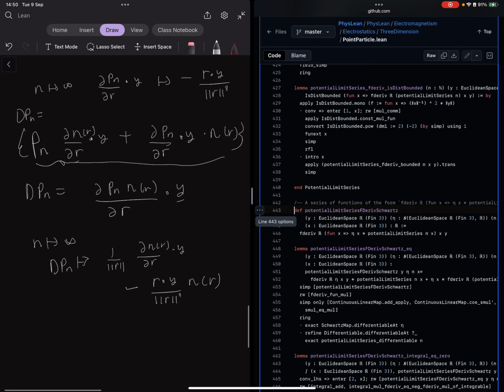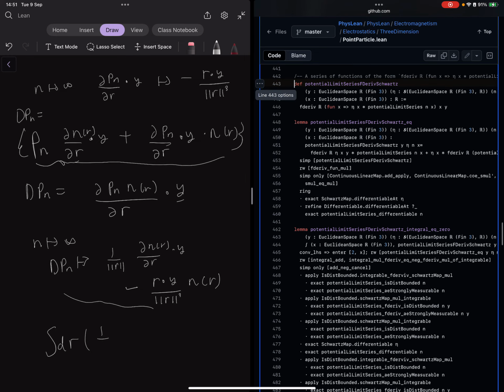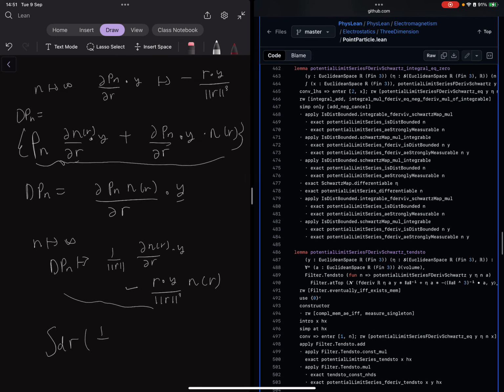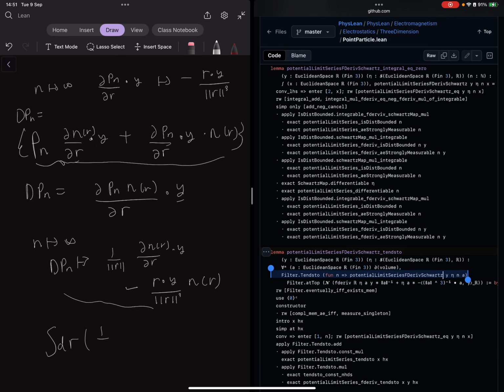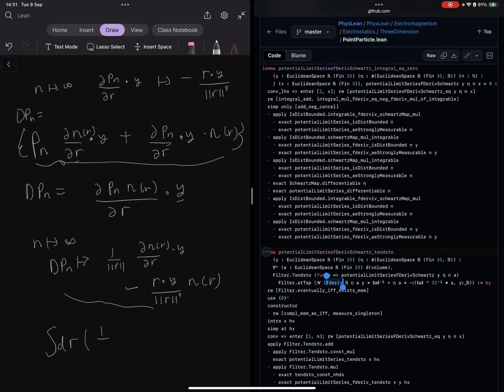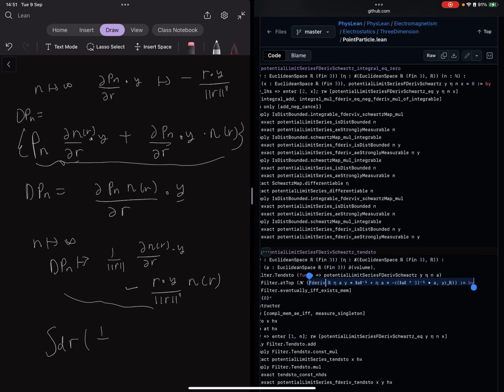Good, so what is true then is that our limit, the integral that we need to show is 0, which is this thing here. Actually, let me point out where this result sits within PhysLean. This result is exactly this result here. So it's saying basically, as n tends to infinity of this function here, we get back this here.